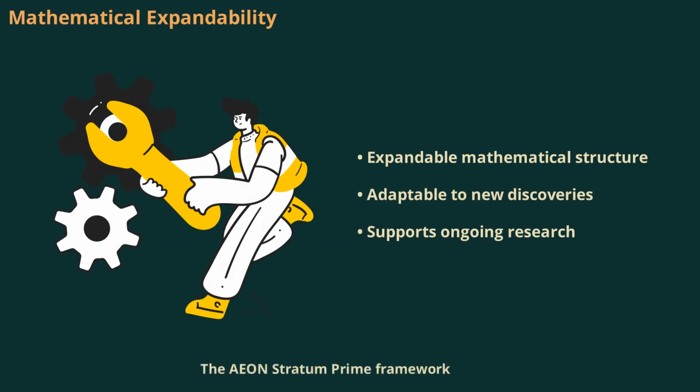The AEON STRATUM PRIME framework is designed to be mathematically expandable. This means that new operators, tensors, and constraints can be introduced as needed, allowing the system to evolve and adapt to new discoveries and technological advances. This flexibility is essential for staying at the forefront of advanced propulsion research.